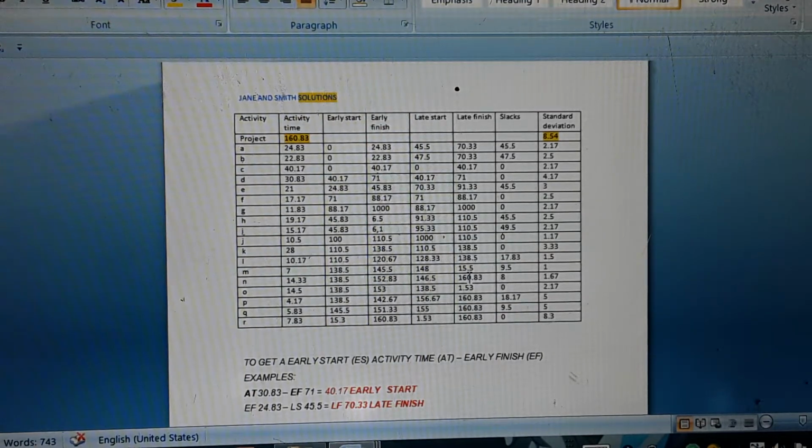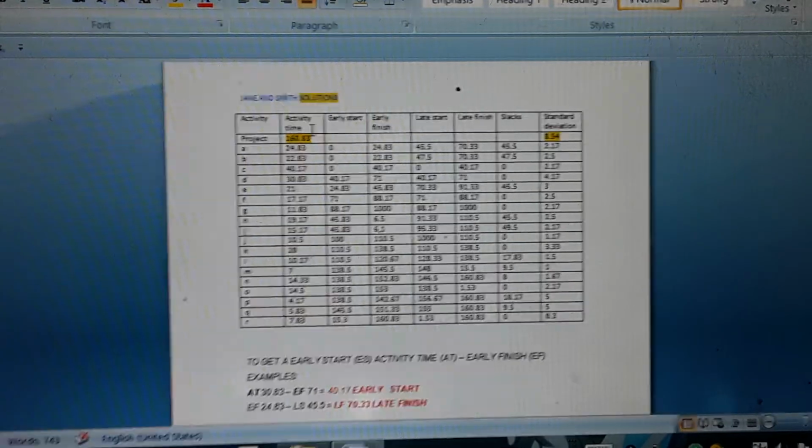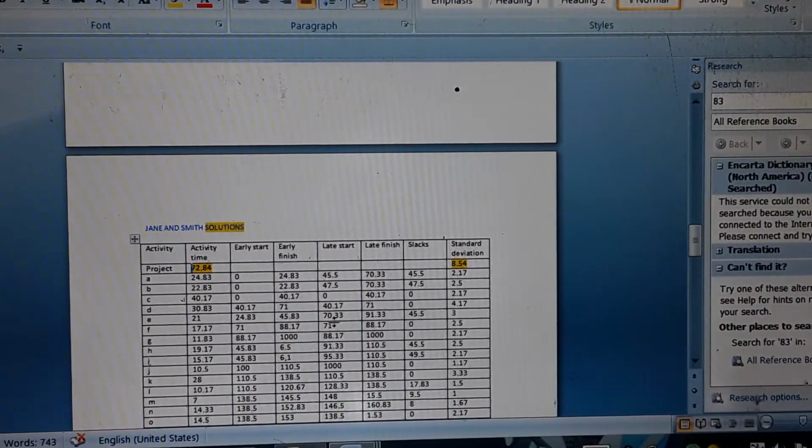Activity was presented again, which is the activity A to R. To get the project of 160.83, some mistakes. So the total of project variance is 72.84.